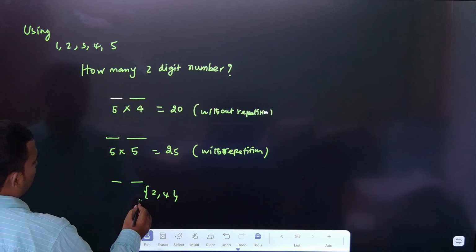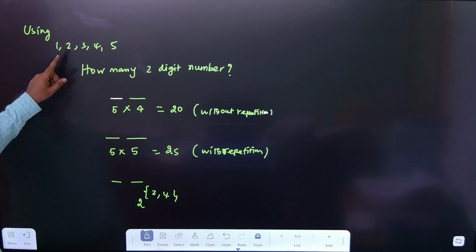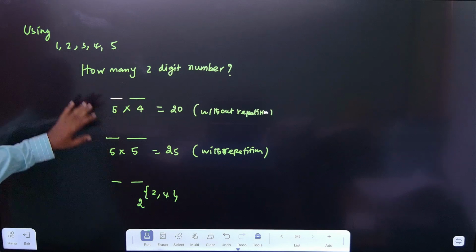The 2 possibilities for the unit place, right? Okay. Here, how many possibilities for the 10th position? There are 5 digits. Okay. Remaining, how many numbers can you occupy here?